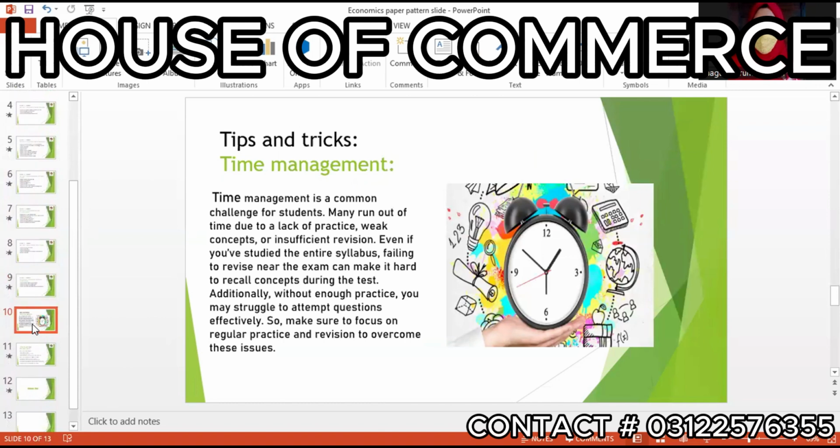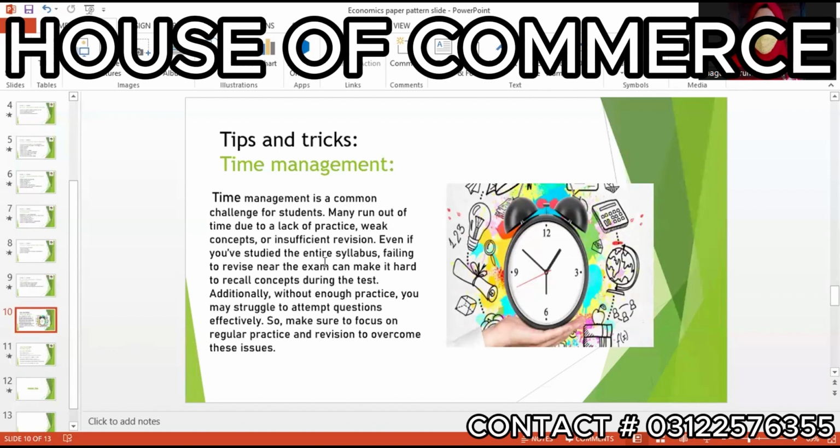Before we start the tips and tricks of paper techniques, the major problem of students is time management. Time management is the common challenge for a student.